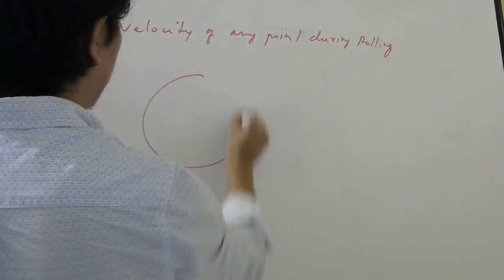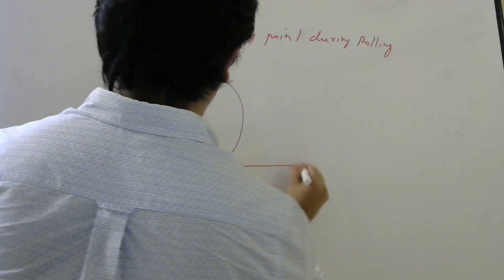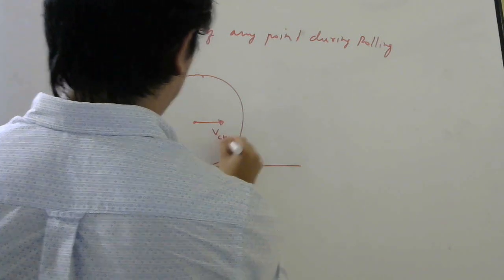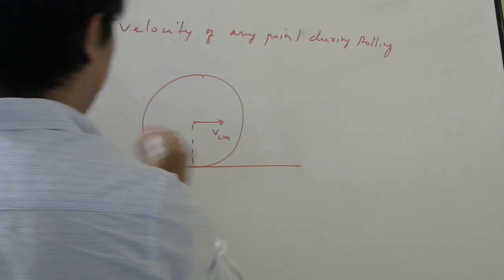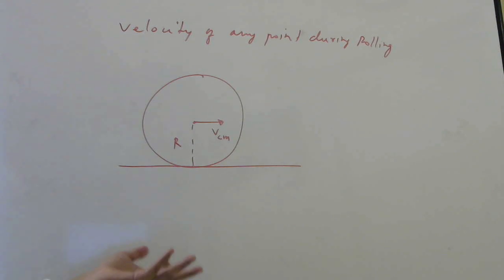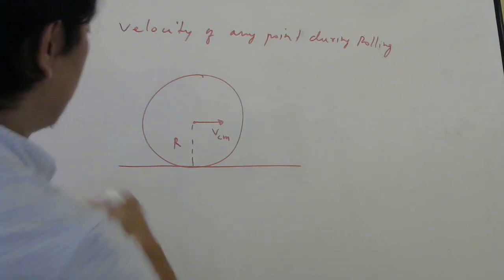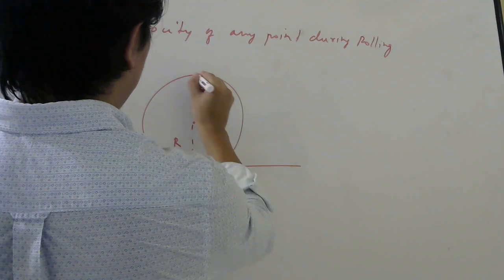So let us take this body. What they will give you is the center is moving with velocity vcm, radius is r, and it may be rolling without slipping or whatever may be the situation. Suppose I want the velocity of any point. Let me choose this point A.